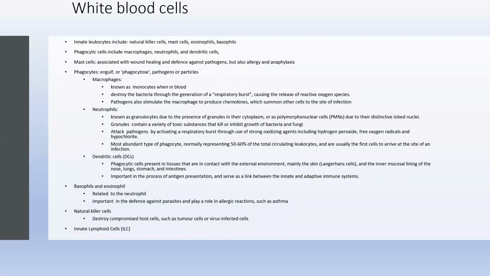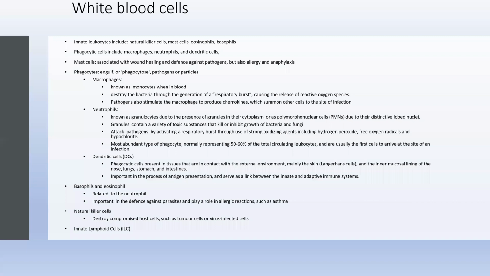Now, the cells, and I'm not going to claim to teach all these cells, but it is important for you to know the cells which make up the innate immune mechanisms, and try to see that you are able to identify each of these cells. The cells which belong to the innate system are natural killer cells, mast cells, and the eosinophils and basophils, which are important for you to understand.